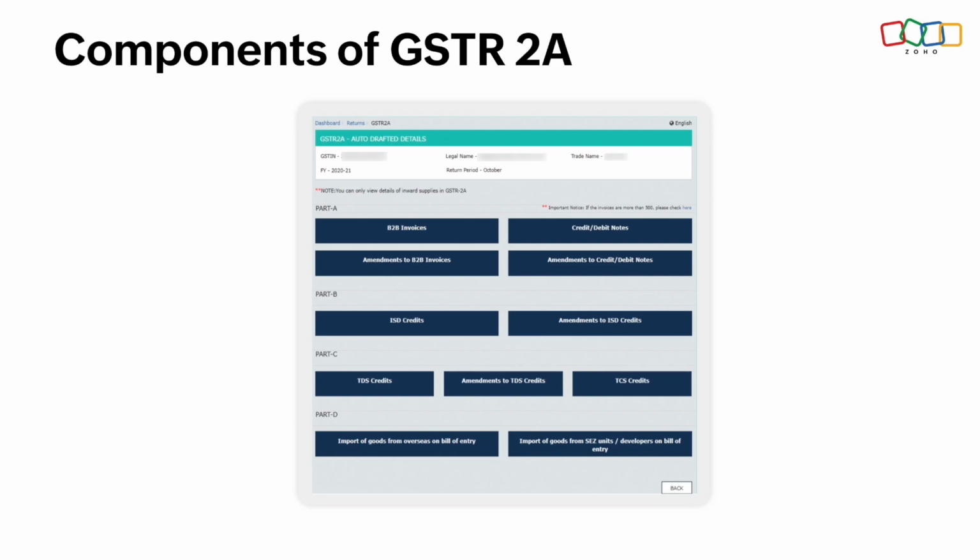Next up, we have the ISD credits, that is your input service distributor credits, which is fetched from your GSTR-6.